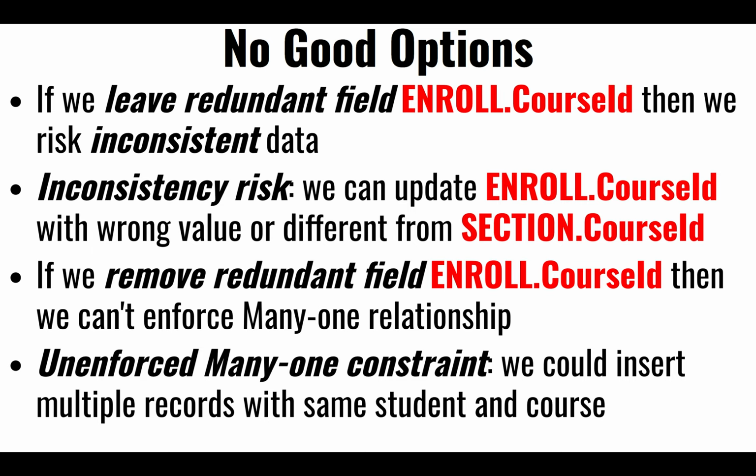That has to be the same. So we definitely want to remove one of them. But if we remove enroll course ID, we can't enforce the fact that this student can only be enrolled once in the course. So we can't enforce the business rule: the uniqueness of the student enrolled in a particular course.